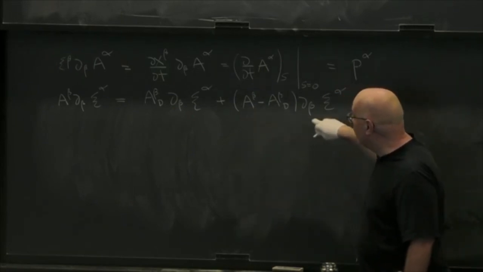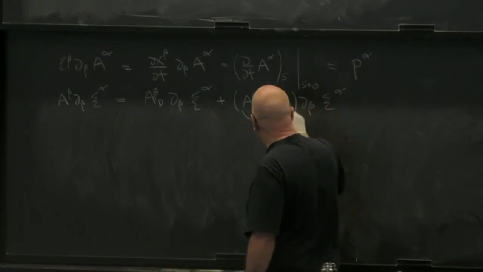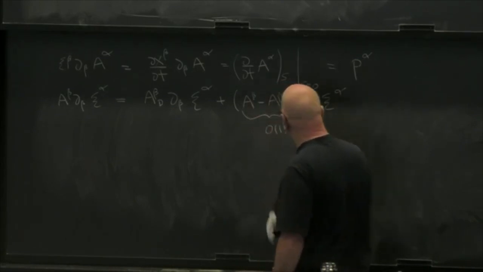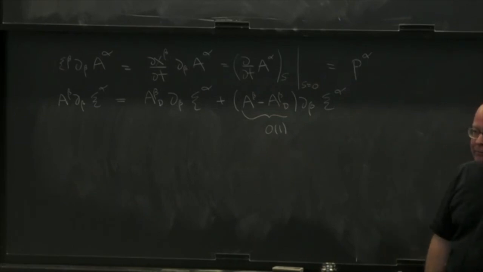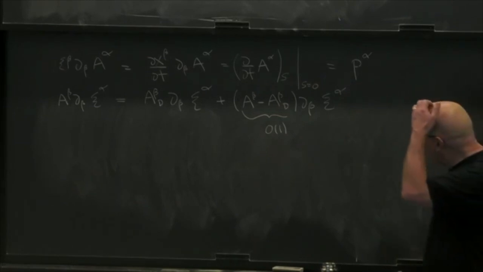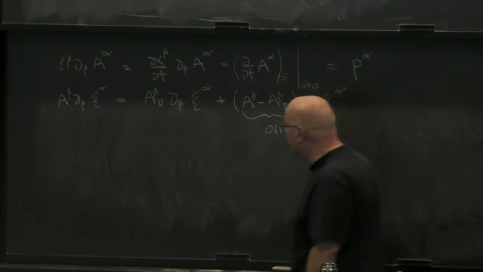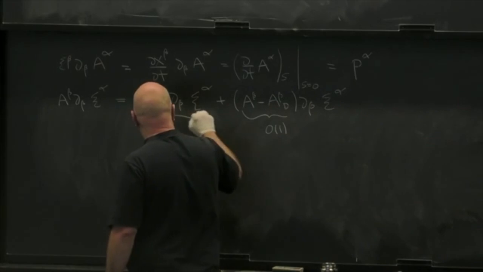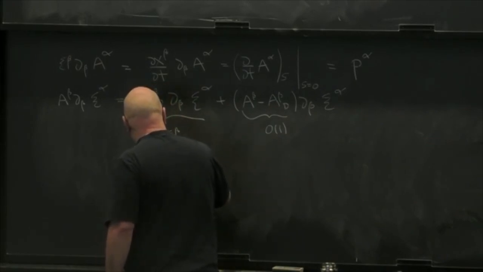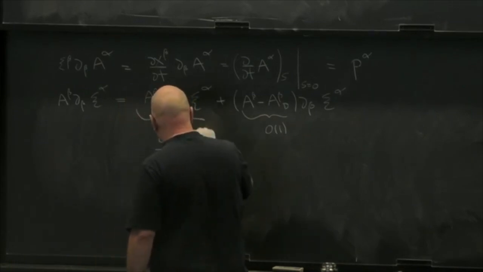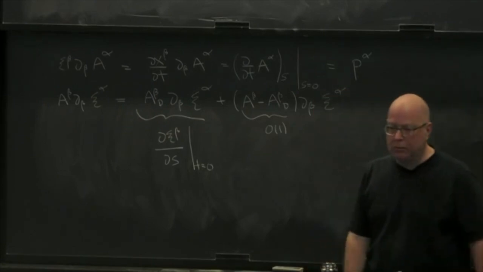And the difference over here, well, the difference between the two vector fields starts at order 1. And when we take the limit, it's going to go away. So that, in fact, doesn't contribute to the result. This over here, well, that's going to be the S derivative of my vector field, C. And that's going to be evaluated at P, therefore at T equals 0.